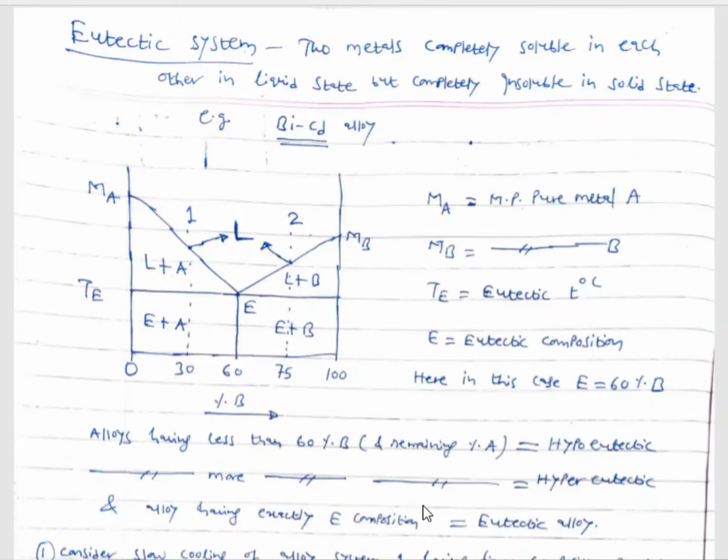And if the alloy is having exactly 60% B, it is called eutectic alloy. So in this way, there are three categories of the alloys: hypoeutectic alloy, hypereutectic alloy, and eutectic alloy.